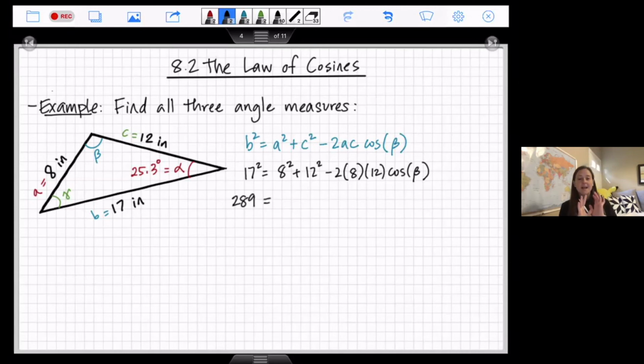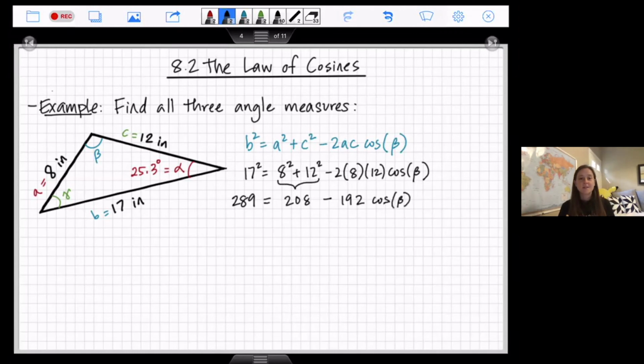Remember that I can add together the 8 squared and the 12 squared, but not the stuff that's stuck to the cosine. So I'm going to have 64 plus 144 gives me 208. That's just these two numbers combined. And then we're going to do 2 times 8 times 12 for the coefficient of the cosine, which gives me 192.